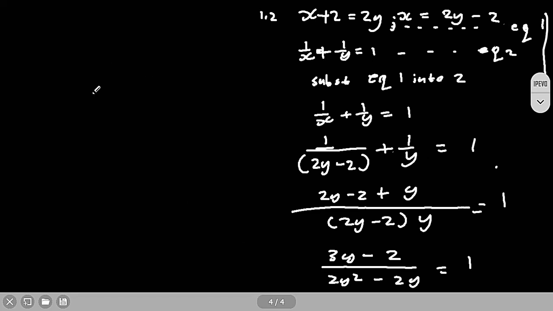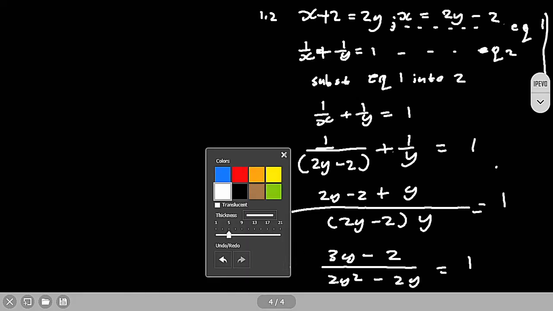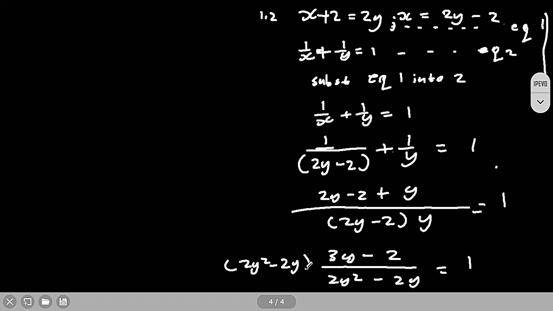So what do we do? Now we cross multiply, or you can just times both sides to the denominator. Let's do that. So y squared minus 2y squared minus 2y. This is minus, guys.